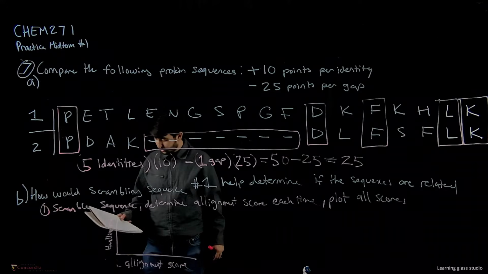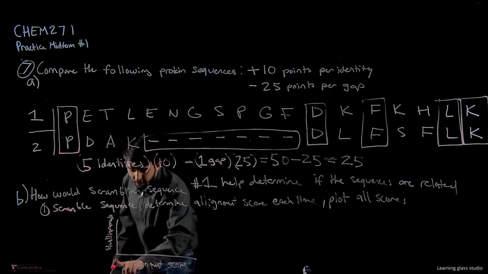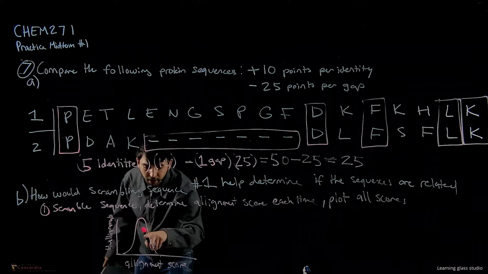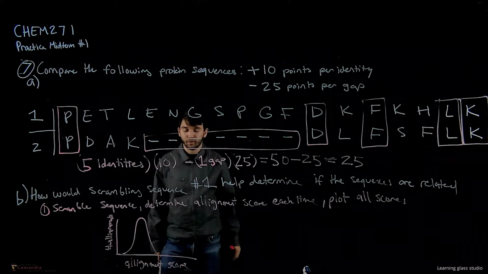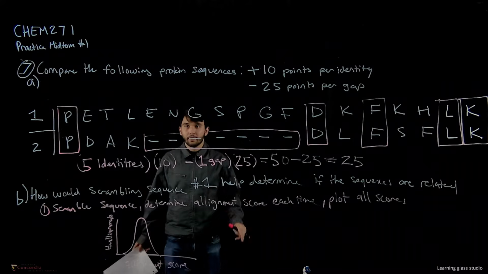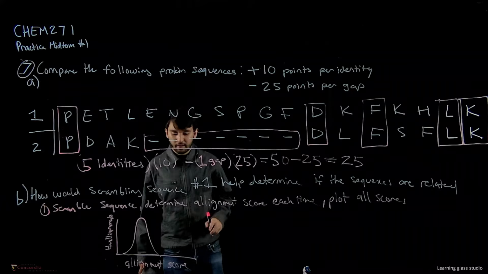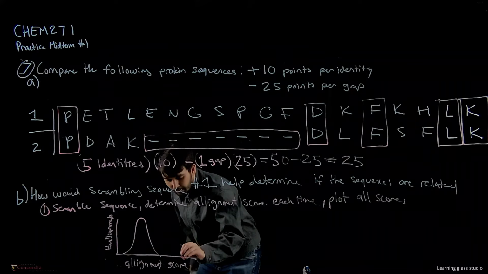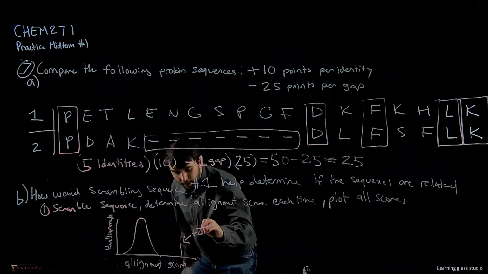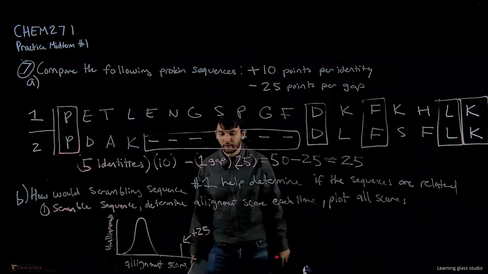Okay? So if we plot all these scrambled sequences, we should get some kind of a normal distribution of alignment scores like that. We know that this is a good alignment if we see our alignment score here. So let's say this is plus 25. This is the alignment score that we got.